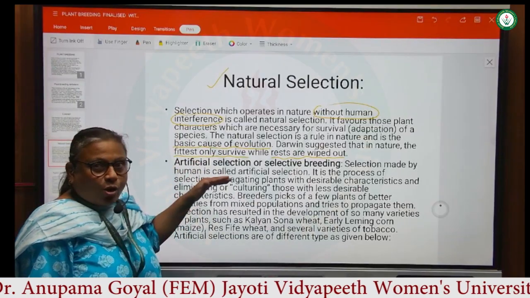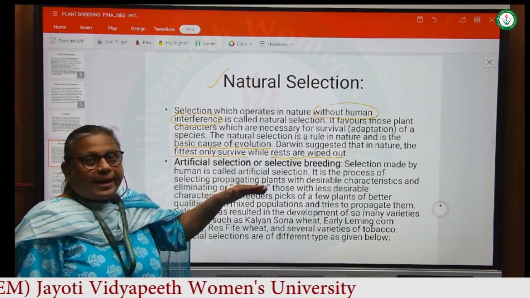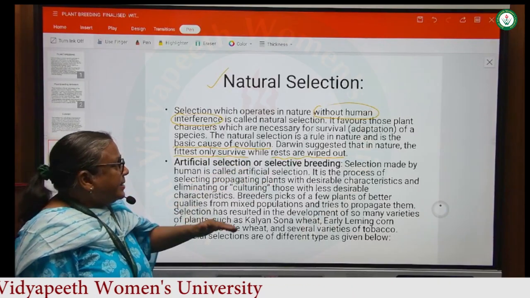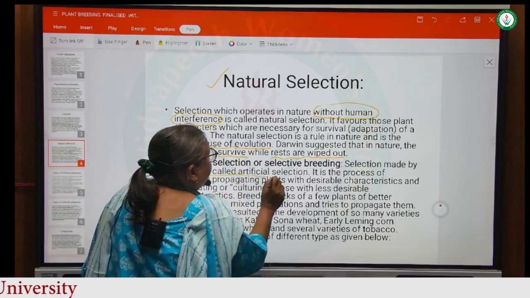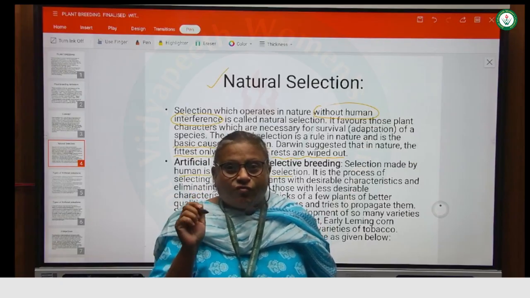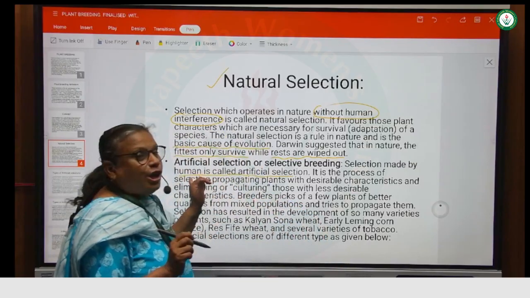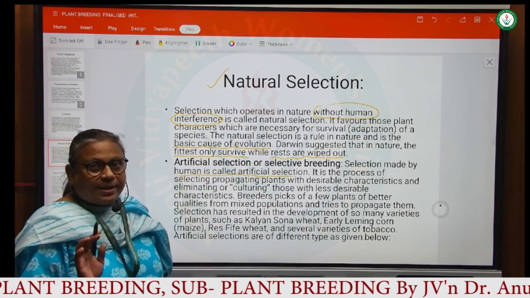So now I talk about artificial selection, which is also called selective breeding. Selection made by humans is called artificial selection.